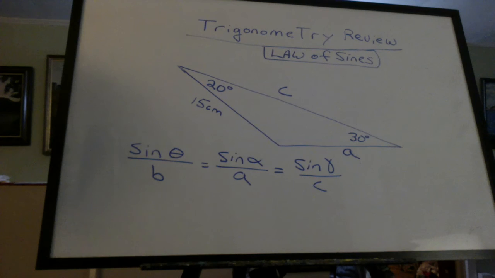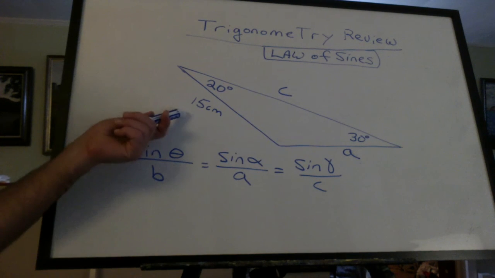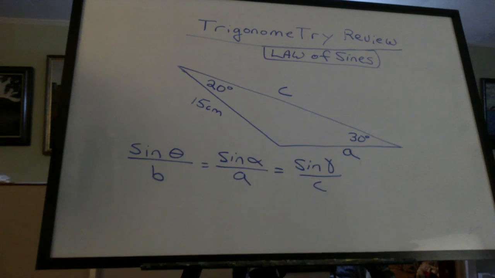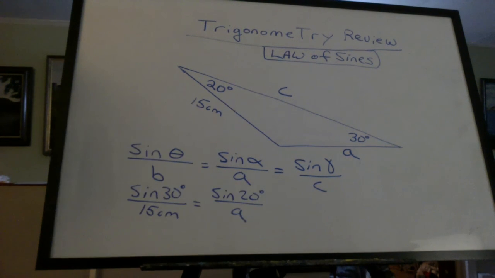Okay, for example, let's say we have 15 centimeters here for side B, and we have our angles labeled, and we need to find out what side A is and side C is. Well, we have to substitute some values into the equation.